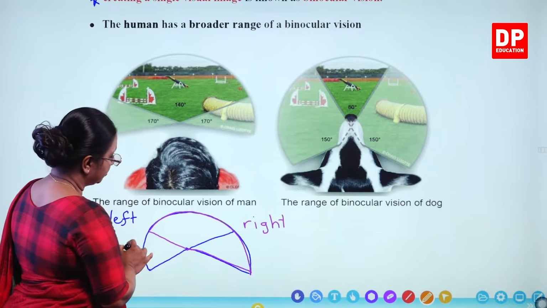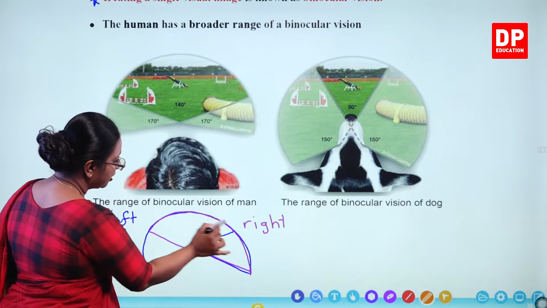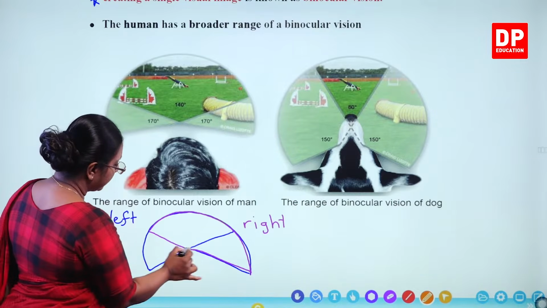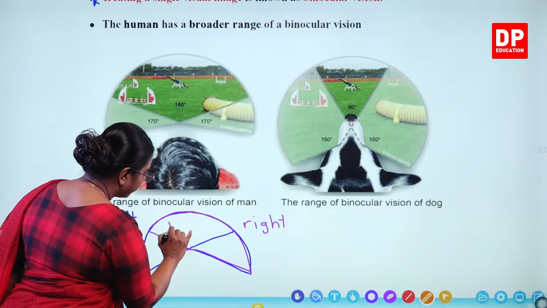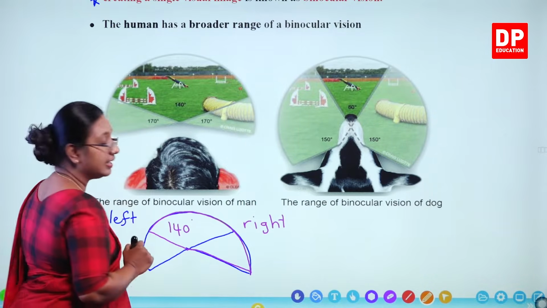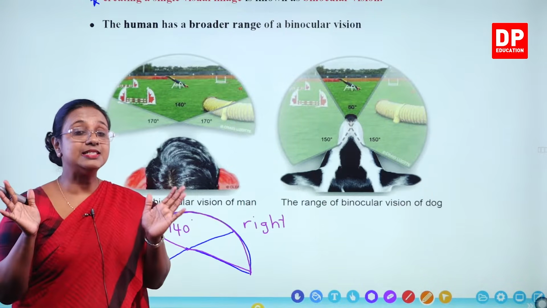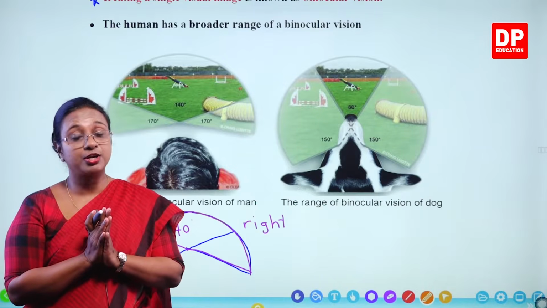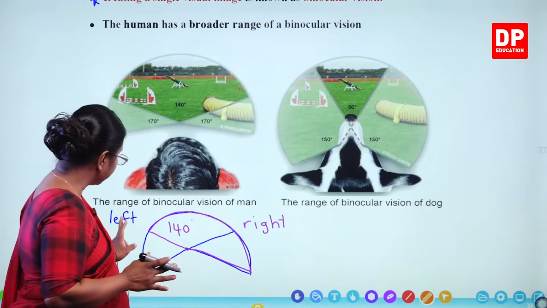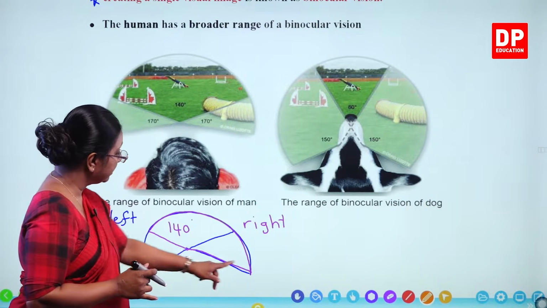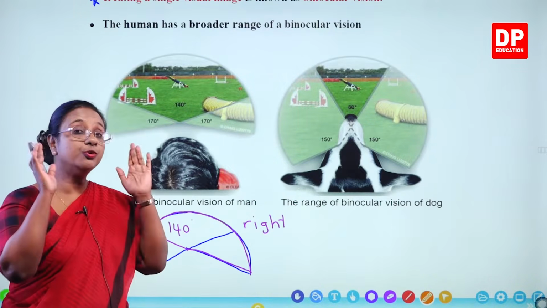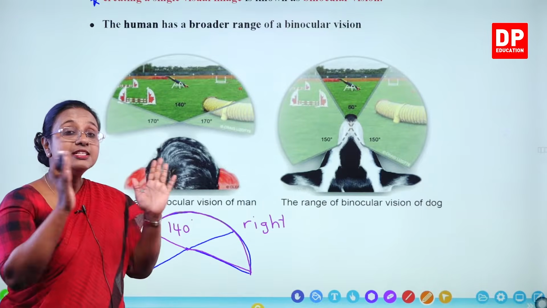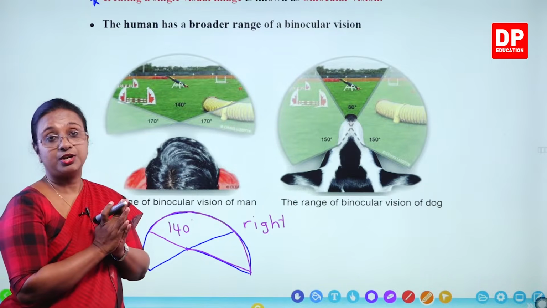Now, in both of these, can you see this common area? This area is common to both eyes. That is about 140 degrees, and that is the range of binocular vision. Because you can see with the left eye here and with the right eye here, this area is common to both eyes. So that is the range of binocular vision.